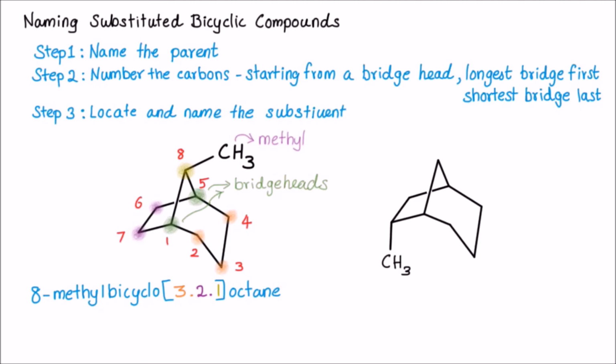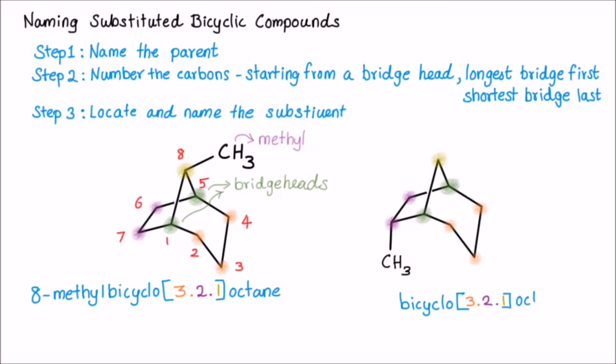Good. Okay. Now let's go to the second example here. We have two bridgeheads. So bicyclo, square bracket, the number of carbon atoms in the longest bridge is 3, and the second longest bridge has 2 carbon atoms, so 2, and the shortest bridge has 1 carbon atom, so it's 1.